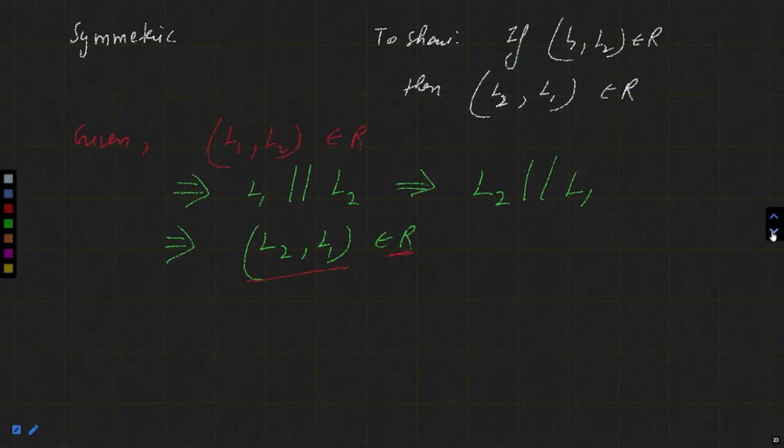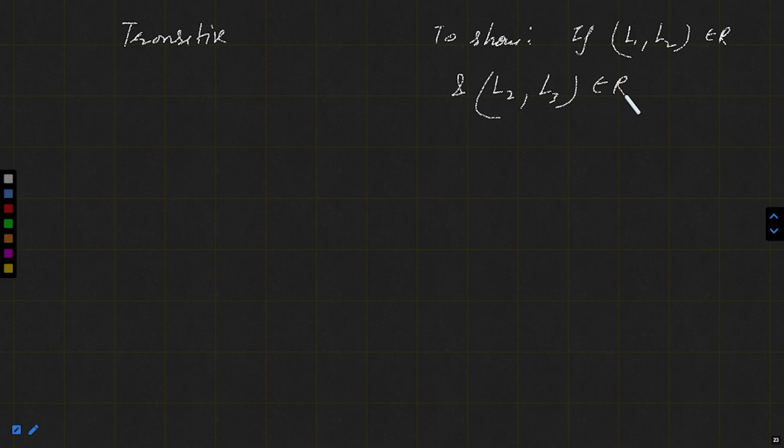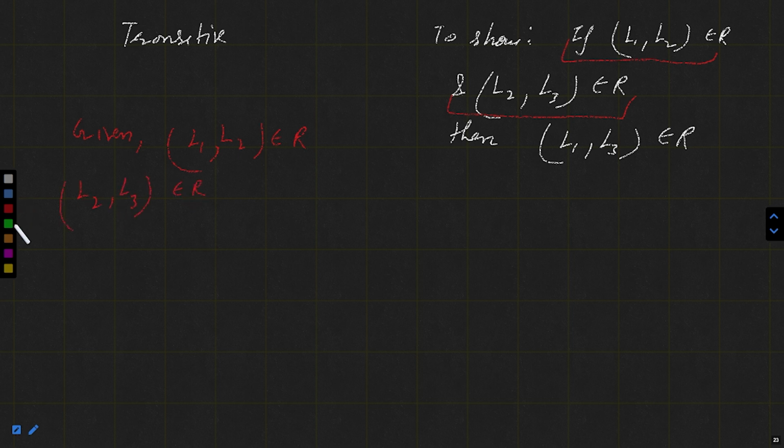Okay, now transitive. To show transitive, if I have (L1, L2) in relation R and (L2, L3) in relation R, then we need to show that (L1, L3) must also be in R. So we start from the given condition, the if condition: (L1, L2) in R and (L2, L3) in R. From this I can say that L1 is parallel to L2, and L2 is parallel to L3.